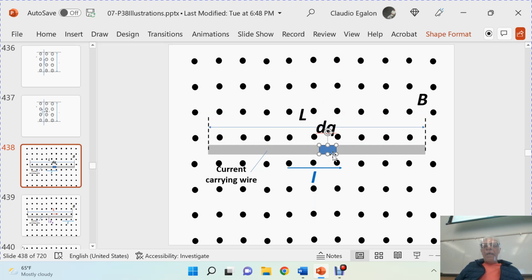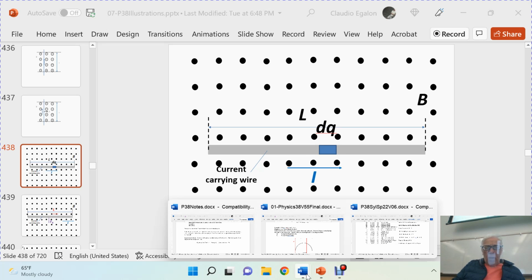So we must have a magnetic force applied to the infinitesimal charge dq in the wire. This charge is moving. Since it's a positive charge, I can say that the velocity is to the right. So v cross B gives a downward force on this infinitesimal charge. Okay, so that's how you should consider this problem.